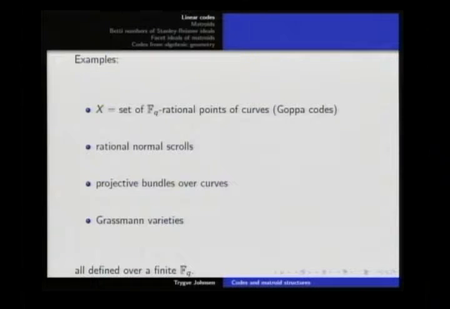And then you can have more advanced scrolls, which are projective bundles over curves of higher genus, and Grassmann varieties. And each new variety gives you new possibilities to scan something or to look at the secant properties that show up in the dual way.